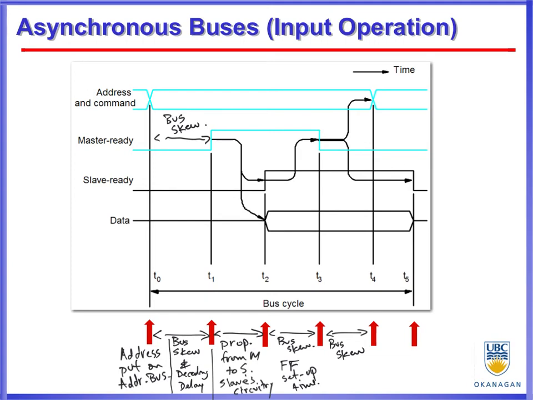Because if this address information changes, as seen by another device, while this is still high, those devices are going to go, oh, new address on the address bus, I gotta go and get the data for that, where it's already happened. Okay, so you need to wait a sufficient amount of time between here and here, such that this doesn't change until every device has seen this go to a low.